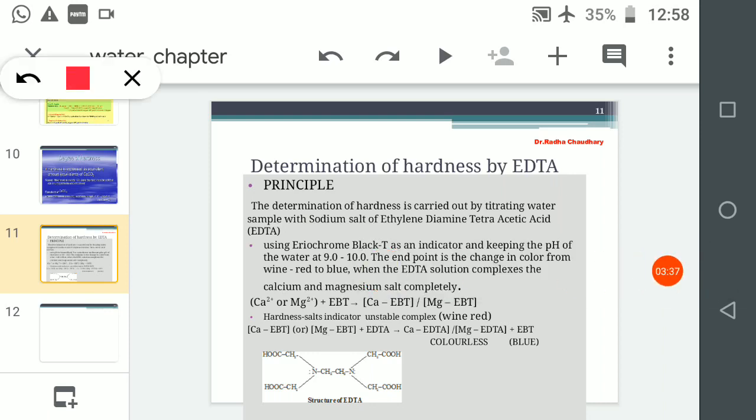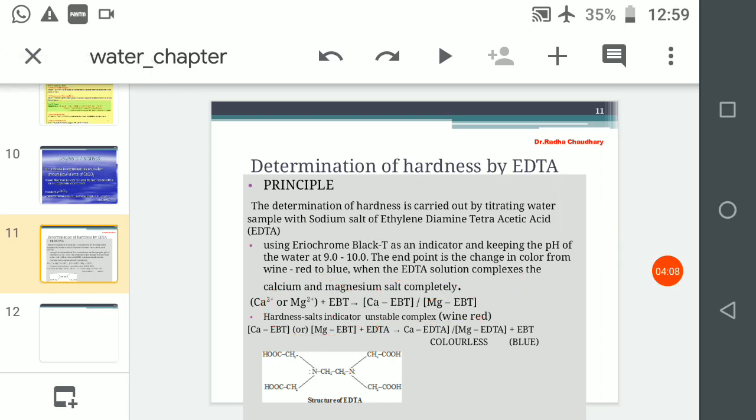What's the theory of this experiment? The hard water is buffered to pH 9 to 10 using a buffer solution, and there is the addition of Eriochrome black T, an indicator, and there is a formation of the calcium magnesium EBT complex. This complex is wine red in color.